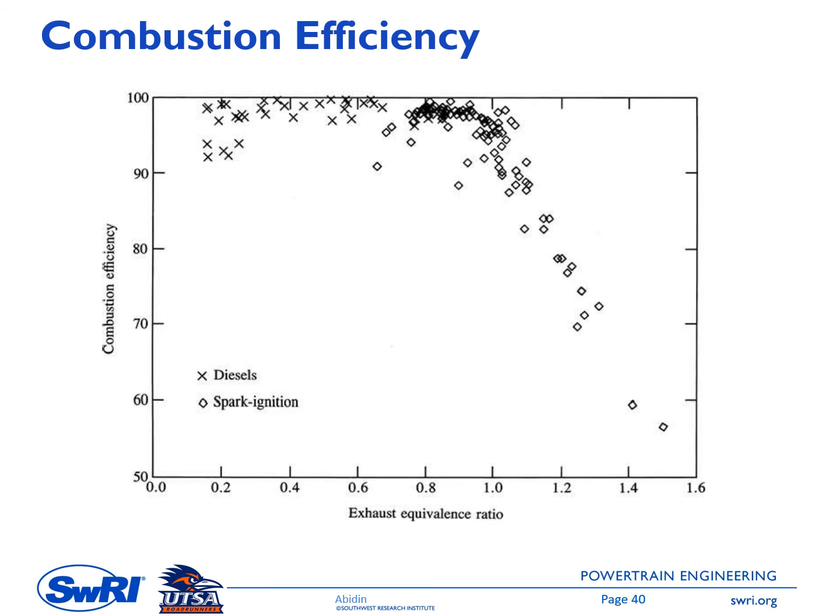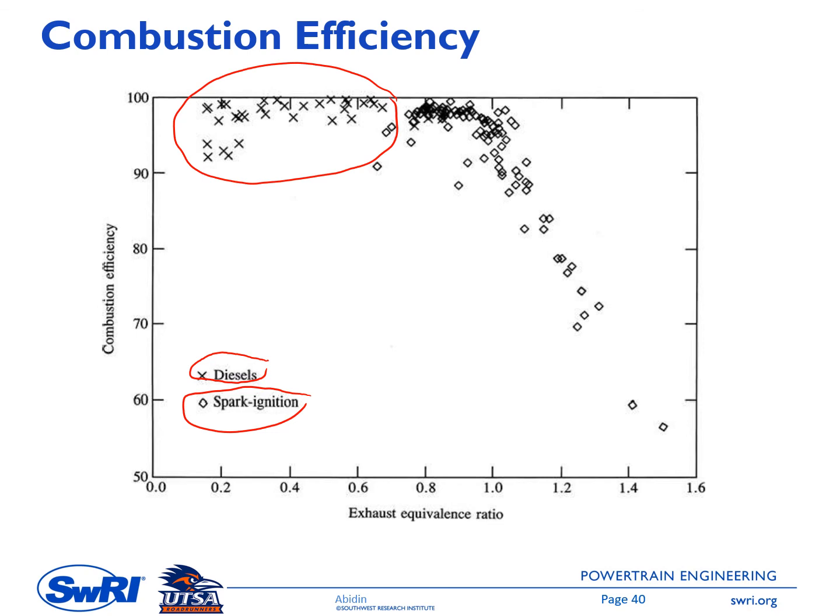We have two types of data here. Cross here is for the diesel, and diamond here is for the spark ignition. Diesel engines usually operate on lean mixture combustion, so phi is lower than 1, and they have a high combustion efficiency.